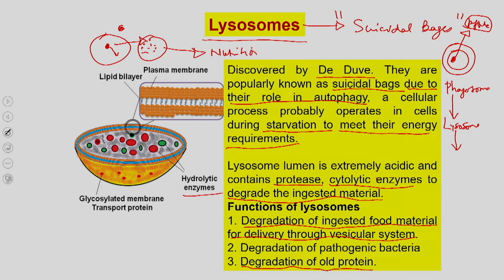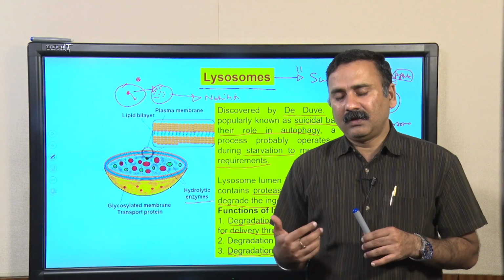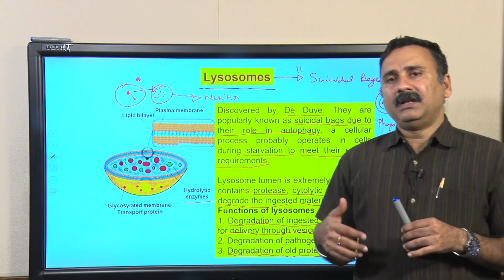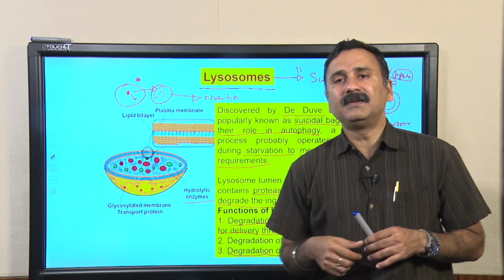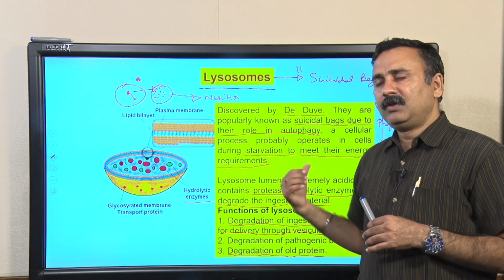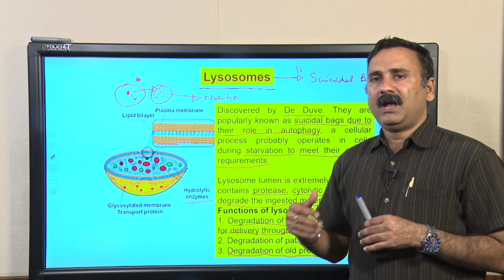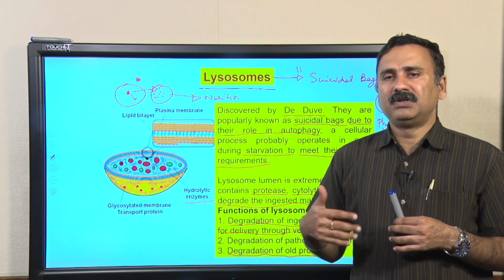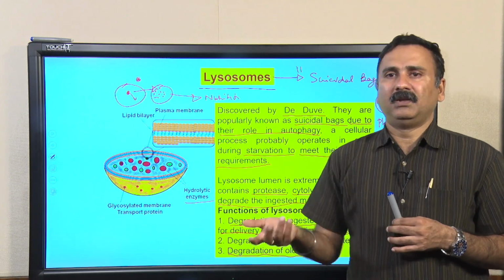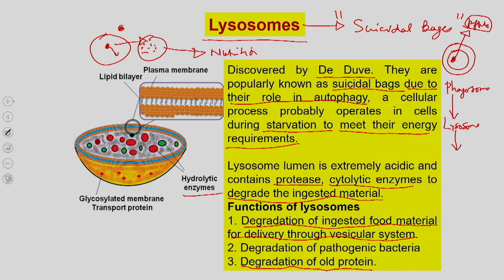So, if a protein is aged and it is required to be degraded, then this protein is also delivered to the lysosomes for its degradation. Because once you degrade this particular protein and generate amino acids, these amino acids can be used by the cell for the synthesis of other biomolecules.